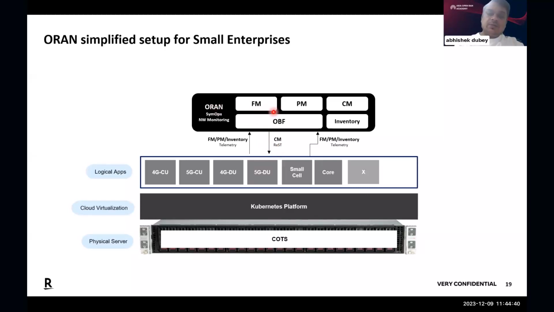So anything you can push from here to the network functions. If you want to change one KPI, if it's not working fine, then you can push from your network manager to the network functions or logical apps. If you want to see any FM, PM KPIs or inventory KPIs, you can ask the network functions to provide this through your PM functionalities. Okay, so this is how data to and from the function is performed for CM.